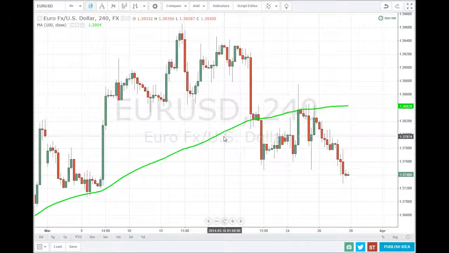As mentioned, we can use a moving average in 3 ways. 1, to act as dynamic support and resistance. 2, to show longer term bearish or bullish bias. And then thirdly, a moving average can signal a change of price direction by using a moving average crossover, and I'll demonstrate these 3 ways in this video on these price charts.